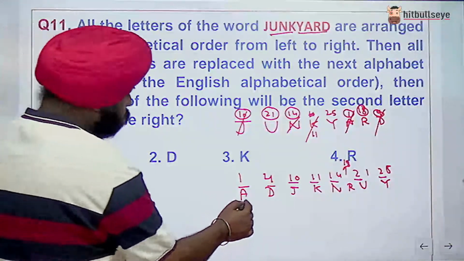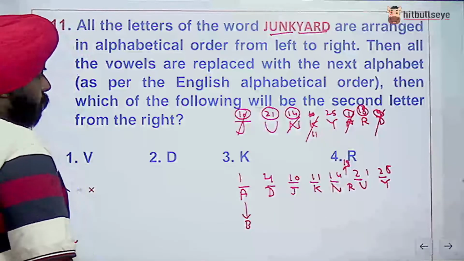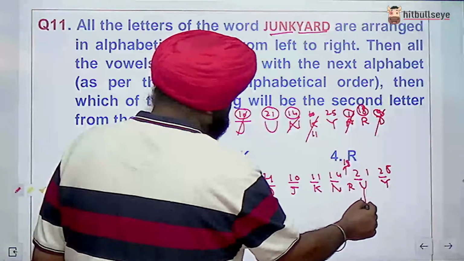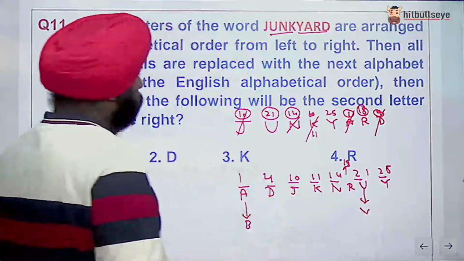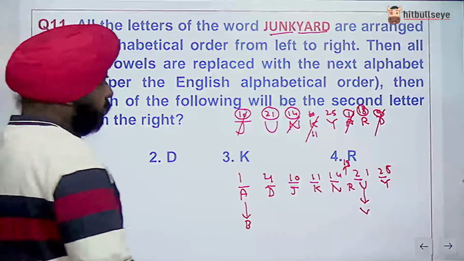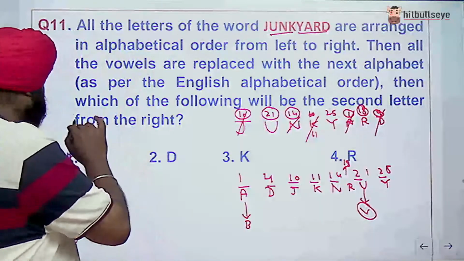So A has to be B, and U has to be V. Then which of the following will be the second letter from the right? From the right-hand side, the second letter will be V. So hence the first option is the answer.